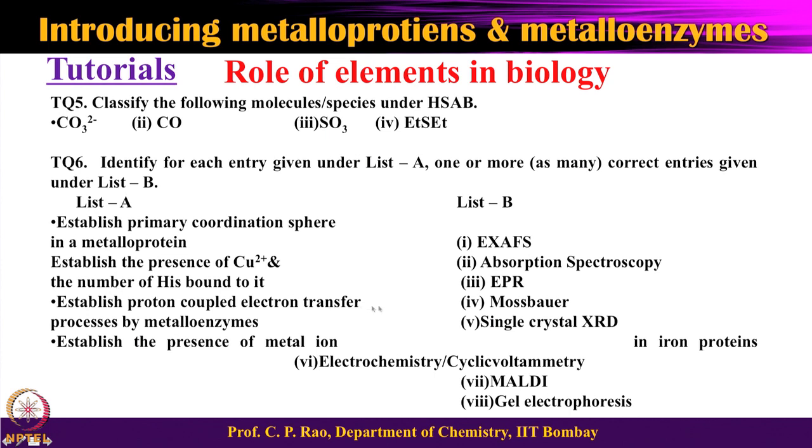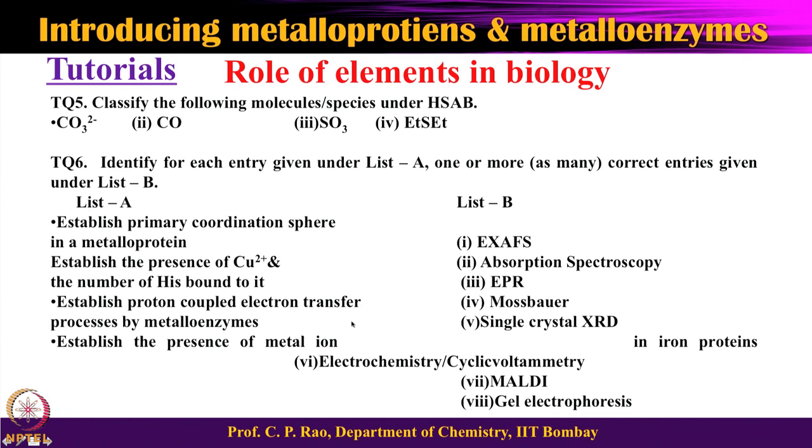From that you can work out how many lines to calculate and get. I hope you understand that. Everything can be found from single crystal XRD. Okay, establish proton coupled electron transfer process by metal enzymes.